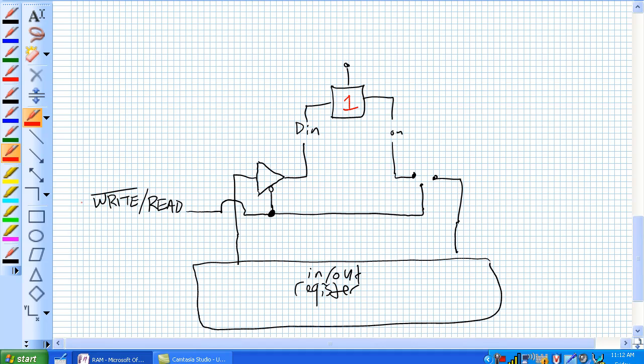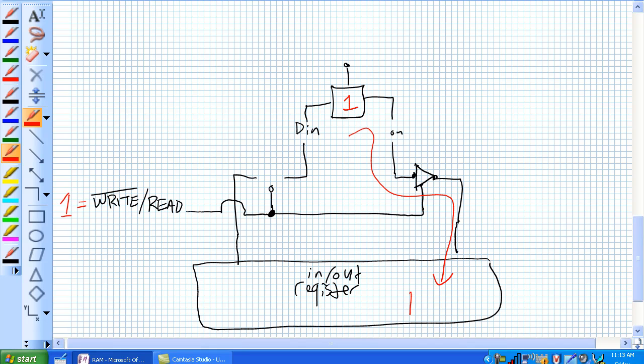That write read line, input output control, goes to 1, and this buffer is disabled, and this guy is enabled, allowing that 1 to be stored in there.